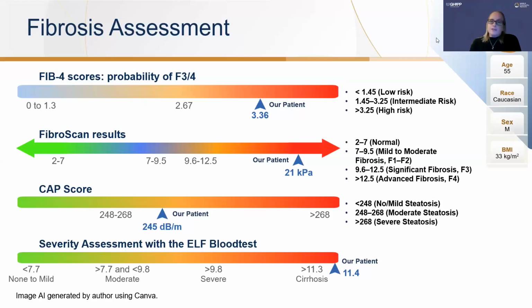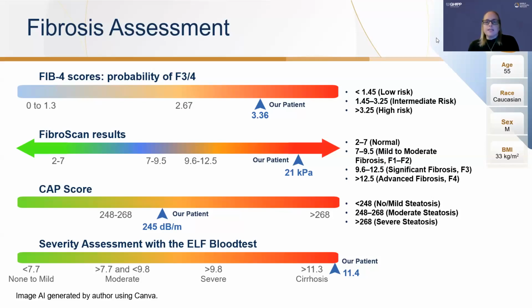And then our FibroScan results are quite different. So the stiffness comes back at 21 kilopascals. So that's cirrhosis. Greater than 12.5 on this particular FibroScan is indicative of stage 4, and we're at 21. So that's a stiff liver. That's someone that I'm worried about.